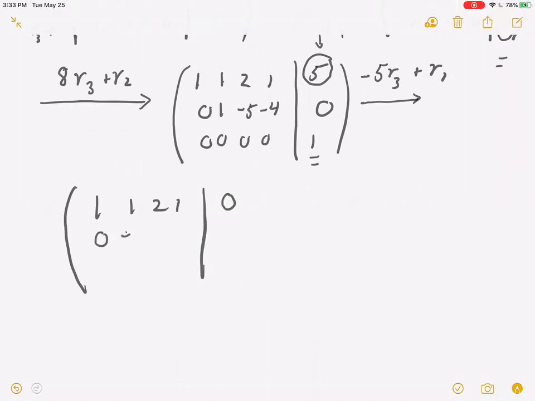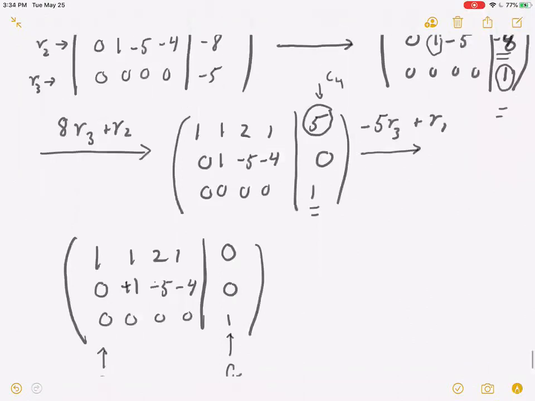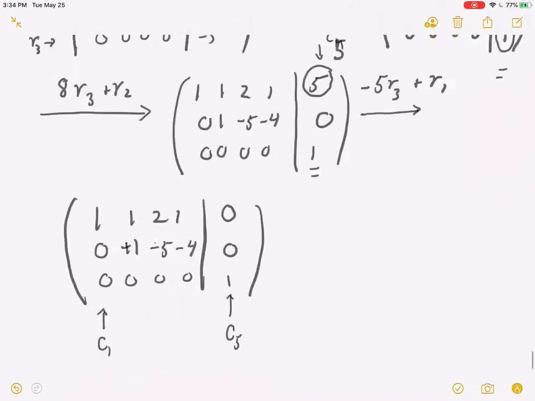Row 2 will look like this. And row 3 will look like this. So I'm almost ready. Column 1 has a leading 1, and all the other matrix elements are 0. Column, I said 4, but I meant to say 5. Column 5, yeah, this is column 5, not 4. Column 5 has a leading 1, and all the other matrix elements are 0.